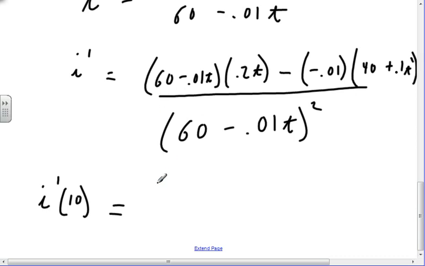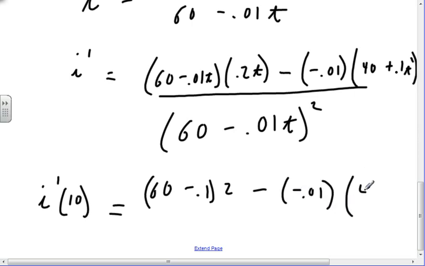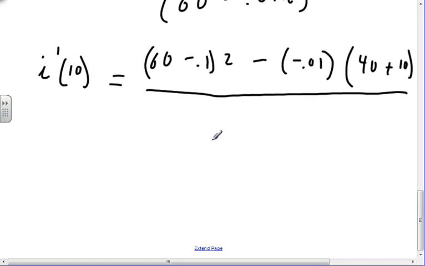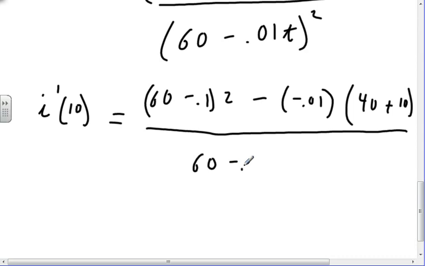Alright, so 60 minus 0.1 times 2, minus 0.01 times 40 plus 10, divided by 60 minus 0.1 squared.